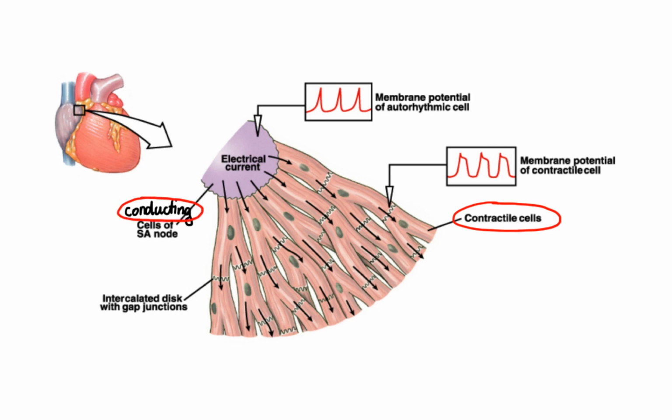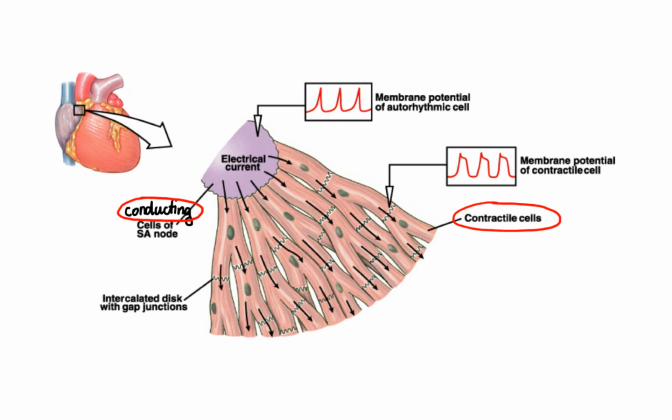Now, while contractile fibers cannot generate an action potential on their own, the conducting fibers are capable of spontaneously initiating an action potential by themselves. They exhibit so-called automaticity. The conducting cells are primarily concentrated in the tissues of the SA node, AV node, bundle of His, and Purkinje fibers.